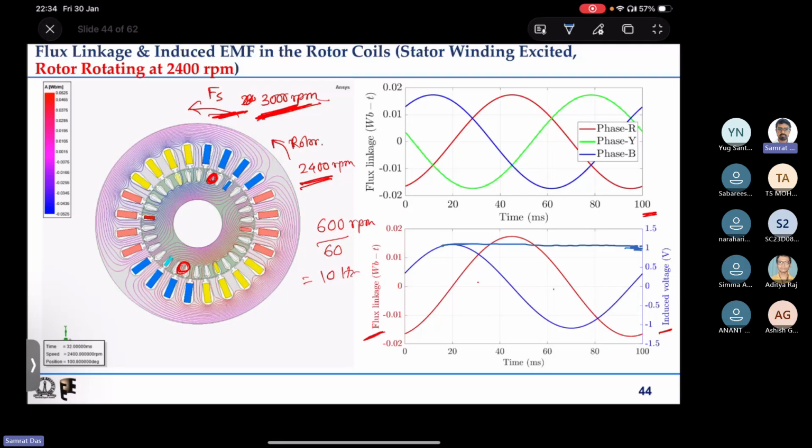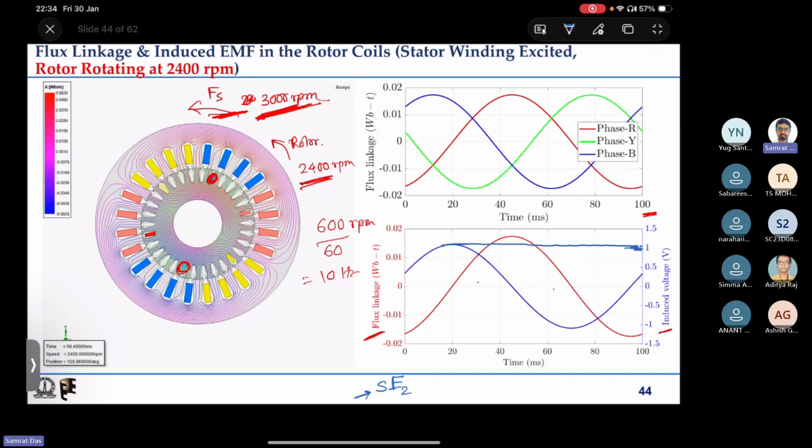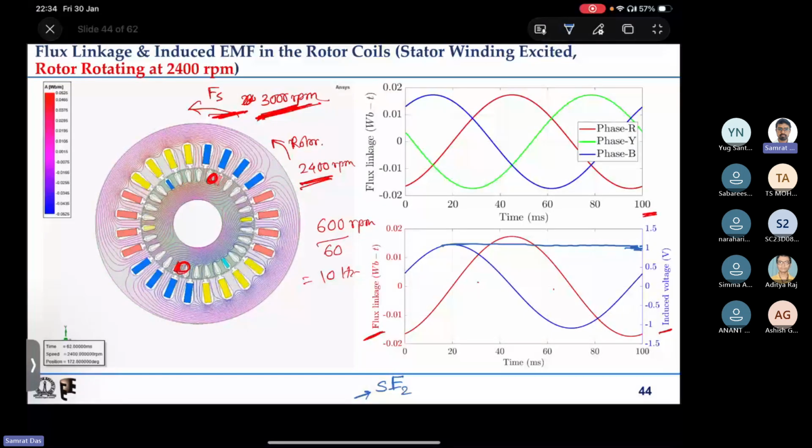That is why. If you recall, the induced EMF in the rotor is E into S. So if S equal to 1, at stationary condition, the induced EMF is maximum.